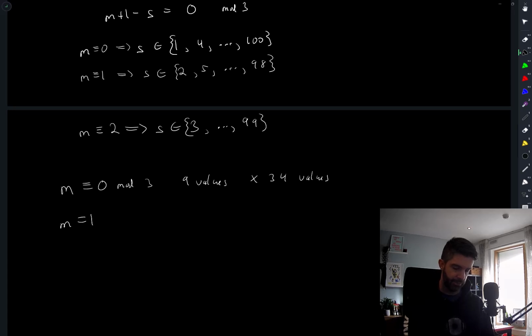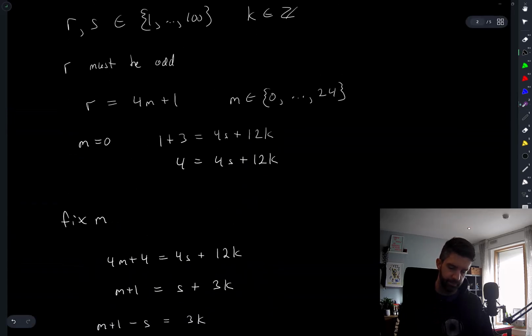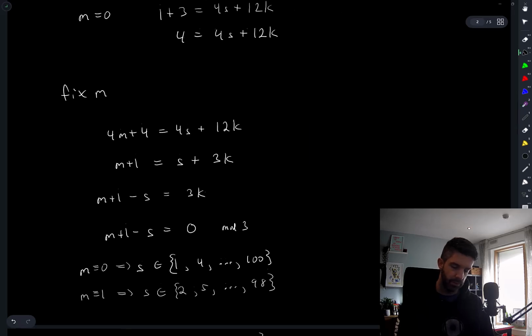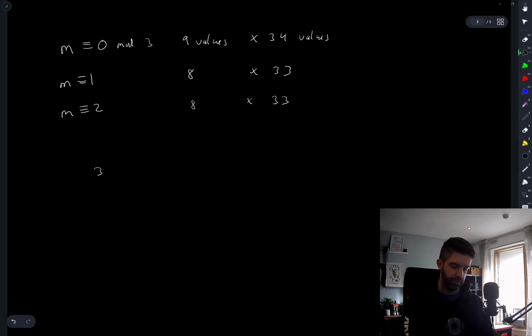Okay, and if m is equal to 1 mod 3, we no longer have 9 values, we have 8. 8 times 33, and m is equal to 2, we again have 8 times 33. So I think the answer is 34 times 9 plus 8 times 33 times 2.